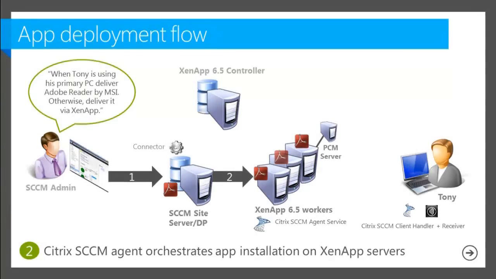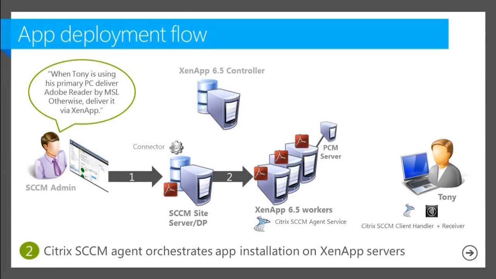Step number 2, as soon as this happens, we have a Citrix SCCM agent that runs on all the XenApps. So this is something that you need to deploy on all your XenApp servers. As Patrick was mentioning, he was talking about the new idle policy mode that was introduced in SCCM 2012. So the SCCM agents that are on the XenApp servers are running in this idle policy mode.